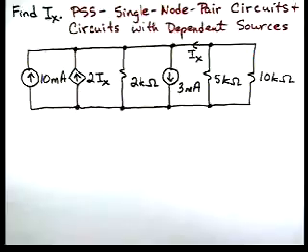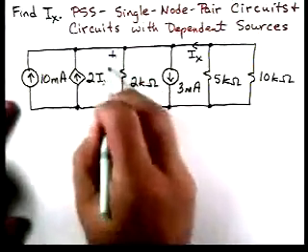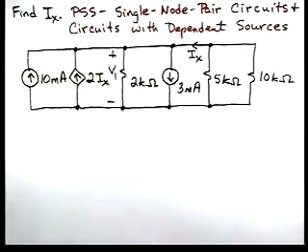And our first task, if you'll refer to the problem solving strategy, is to define a voltage. And I'm going to define a voltage V1 with this polarity. I could have defined it with the plus on the bottom, but I'm going to define it with that. So there's the first step.